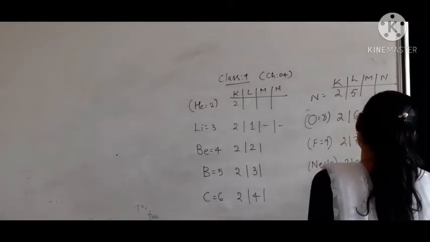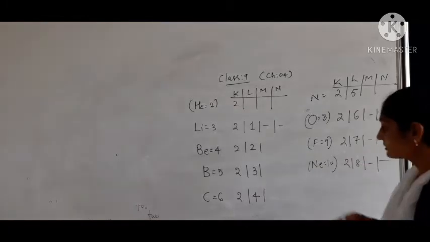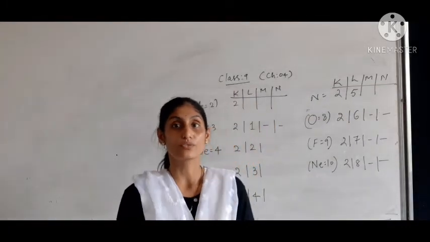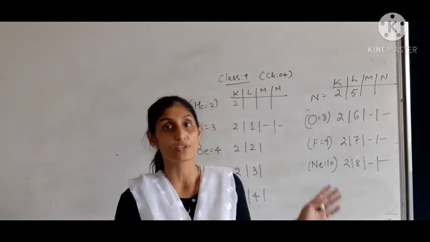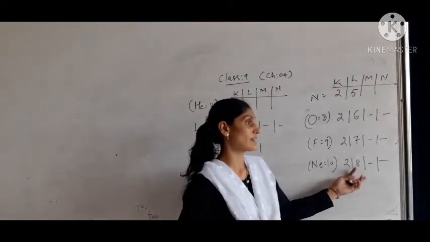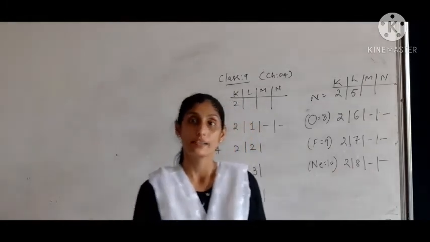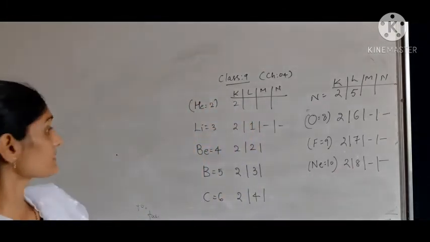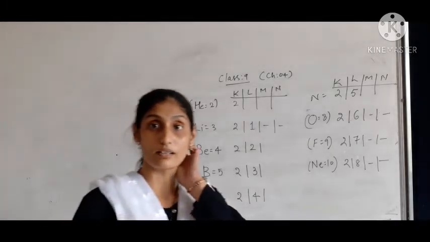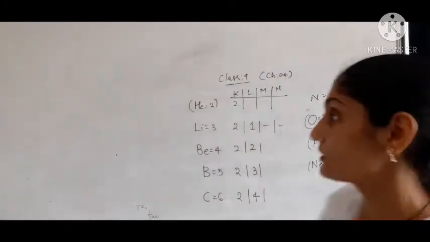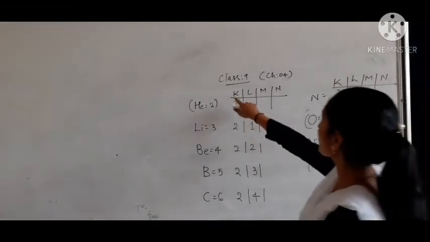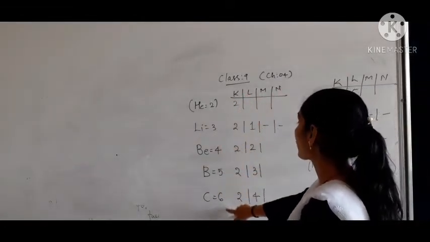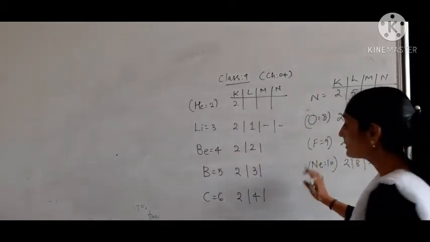Every gas wants to become like neon with a fulfilled octet or fulfilled shells, K shell with 2 and L shell with 8. So this is about the particular number of electrons which we are accommodating in K shell, L shell, M shell and N shell for helium, lithium, beryllium, boron, carbon, nitrogen, oxygen, fluorine and neon.